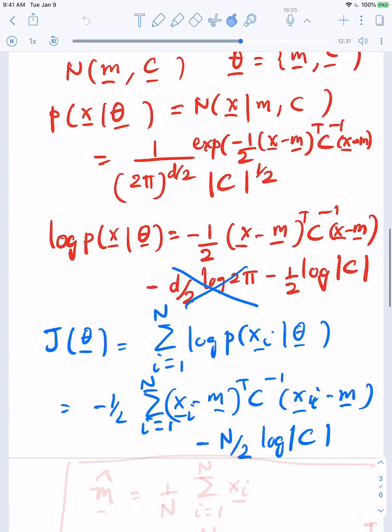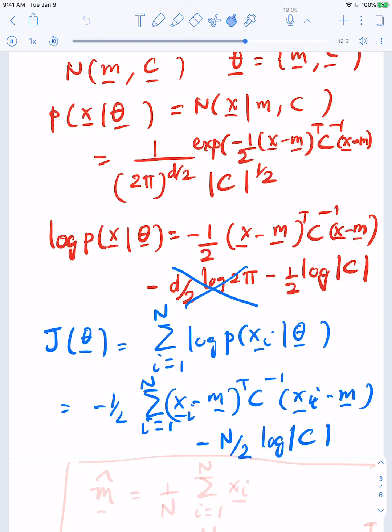And if you look at it as a function of m and C, it may or may not look that nice to you, but it's actually quite nice. We'll talk about that in a moment.